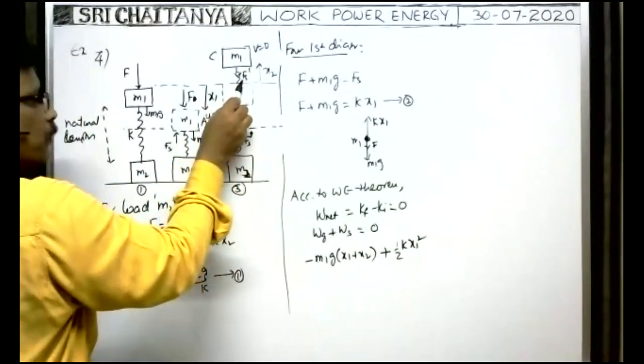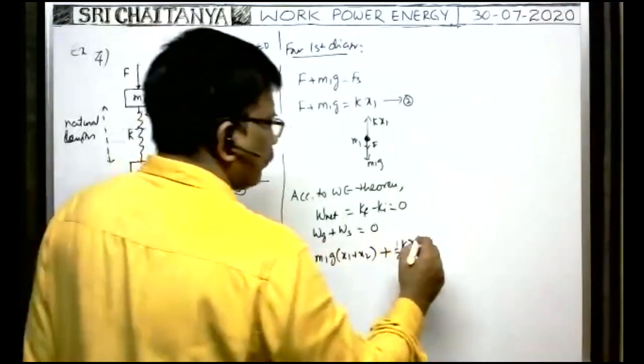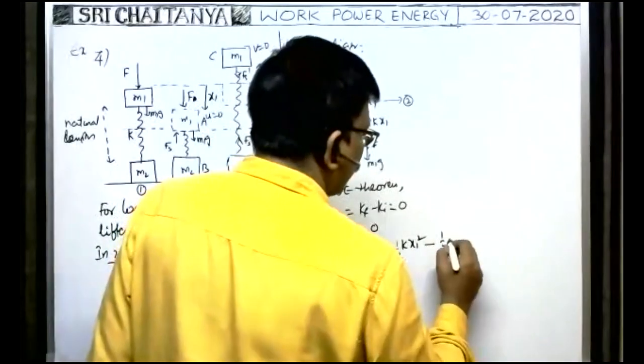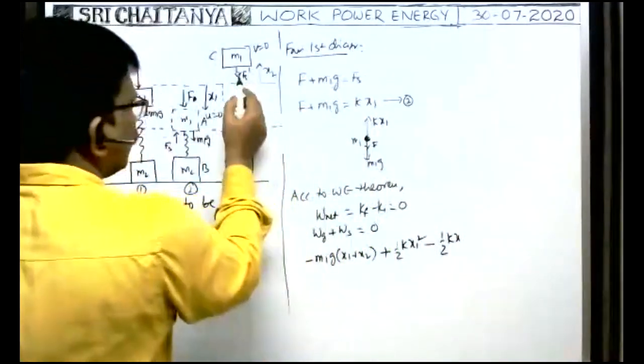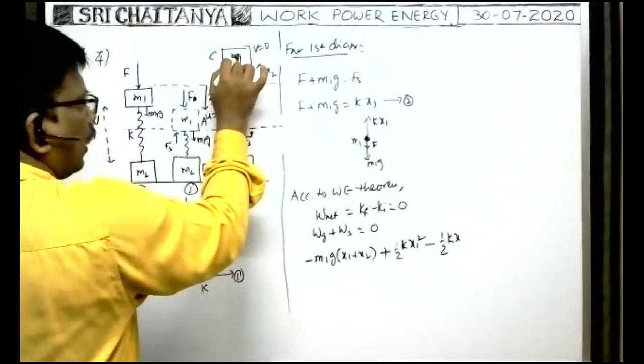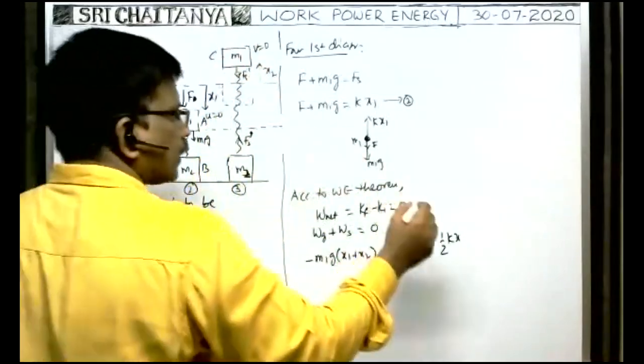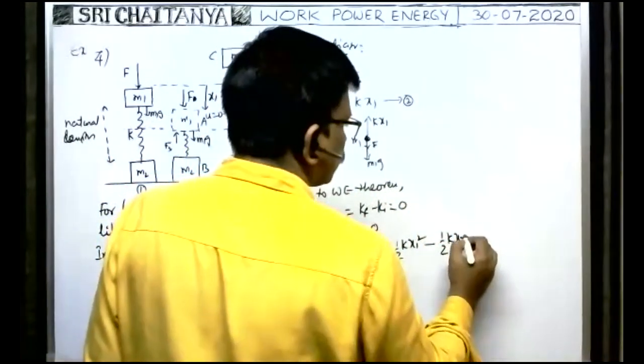Due to this spring force, work done on the block is negative. That's why minus half k into x2 square, as the spring force does work against the motion up to a distance x2.